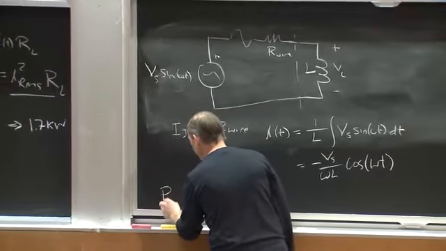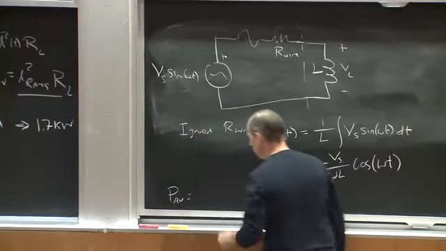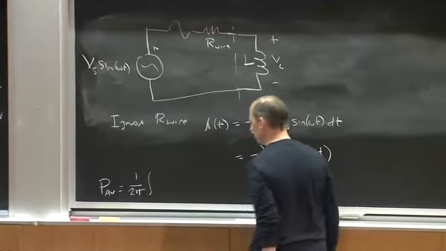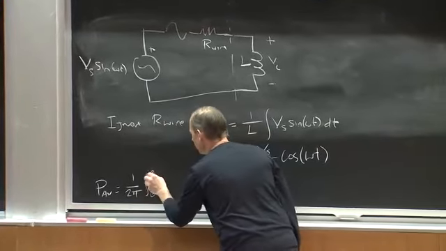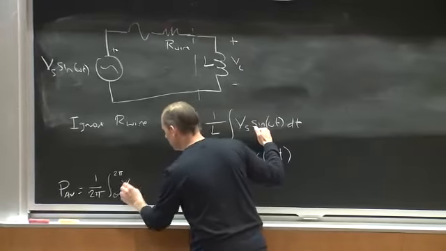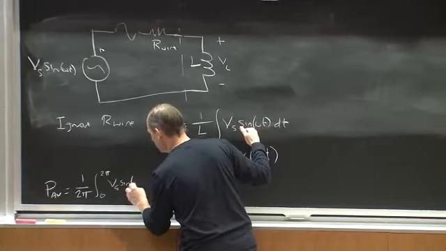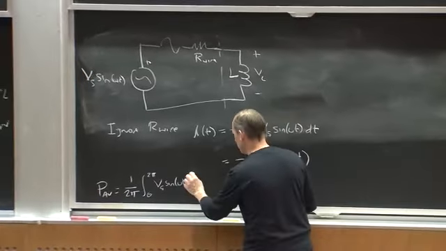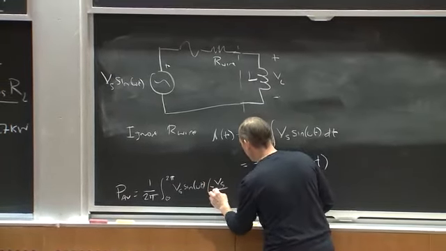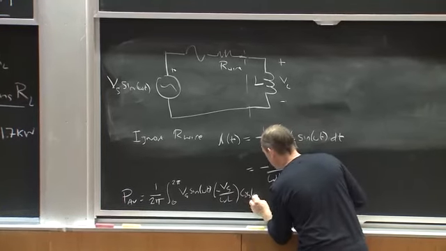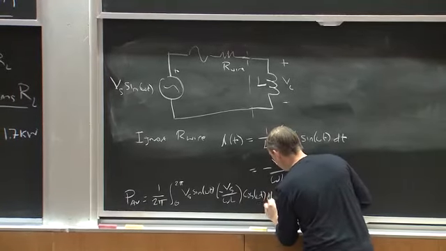We said P average is equal to 1 over 2 pi, the integral from 0 to 2 pi of the voltage, which is Vs sine omega t, times the current, minus Vs over omega L cosine omega t, d omega t.